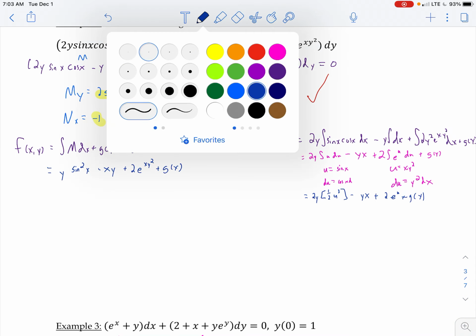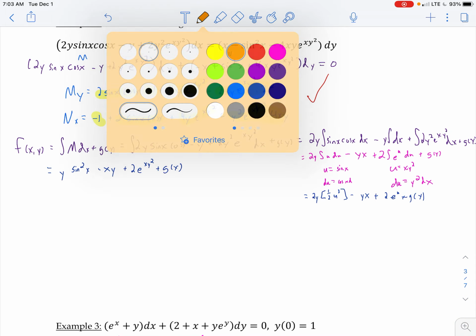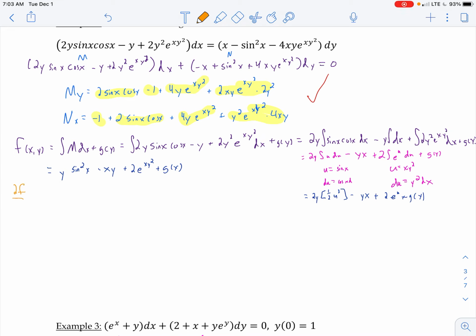All right, now let's go ahead and take the derivative of that. So partial of f with respect to y. When we do that, we're going to get sine squared x minus x plus the derivative of that, which is going to be 4xy e to the xy squared, plus g prime of y.